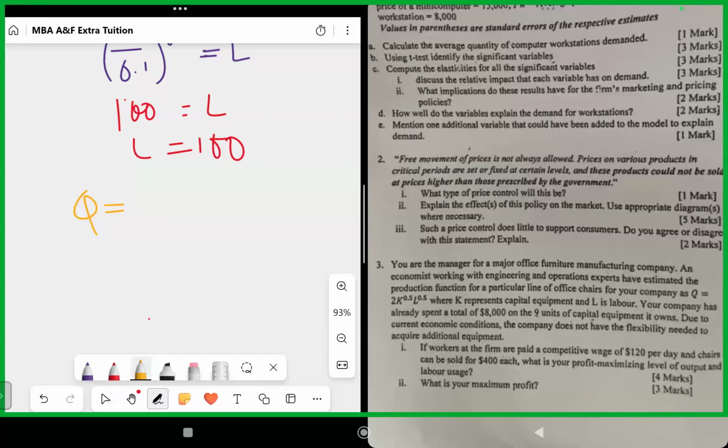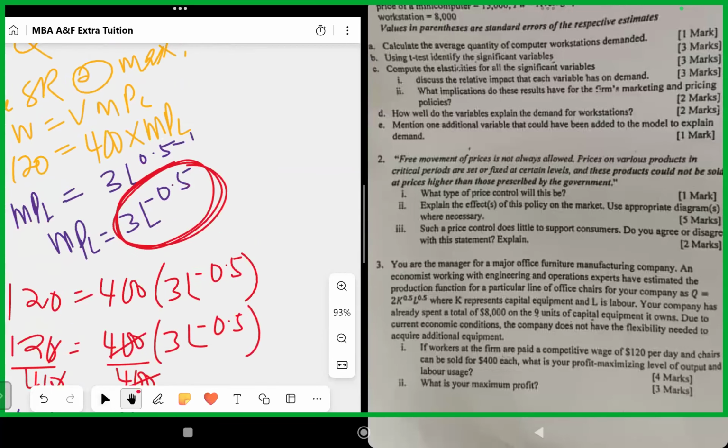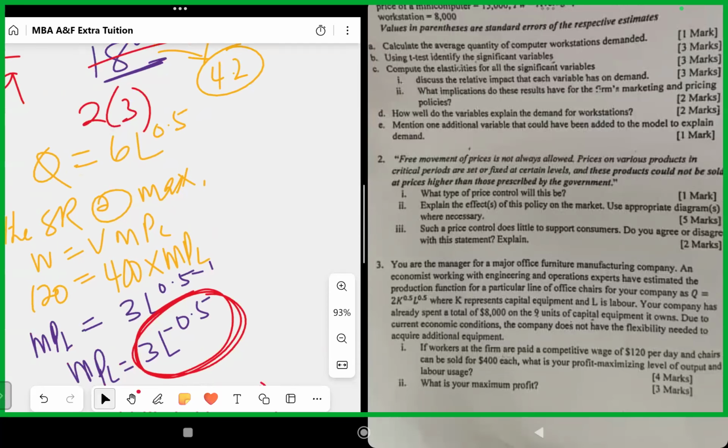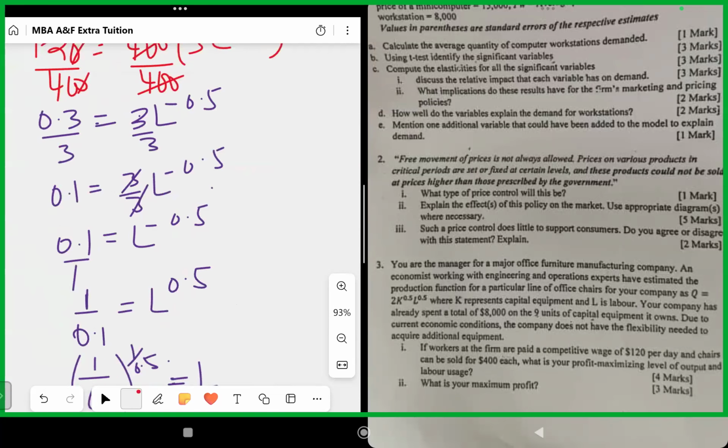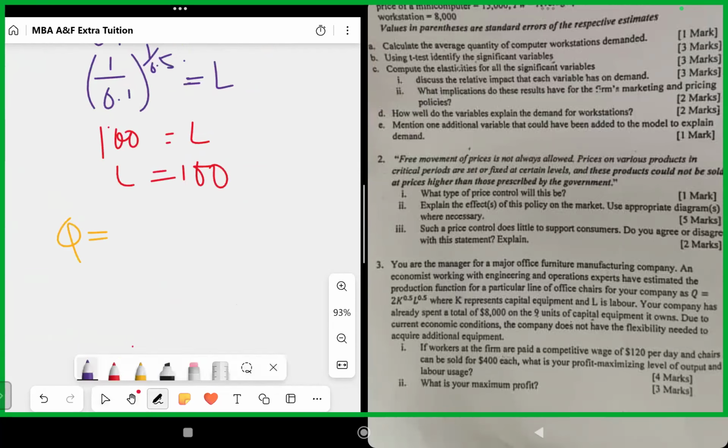Okay. So we have to find the output, and the output is K. We're going to write this formula: output equals K equals 6L exponent 0.5, where L equals 100.